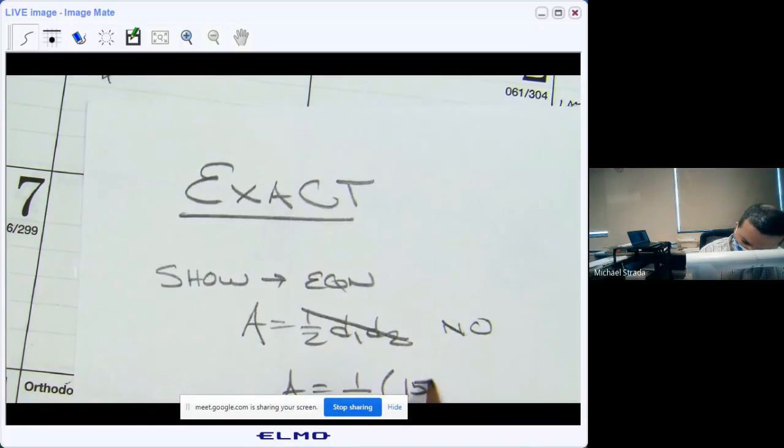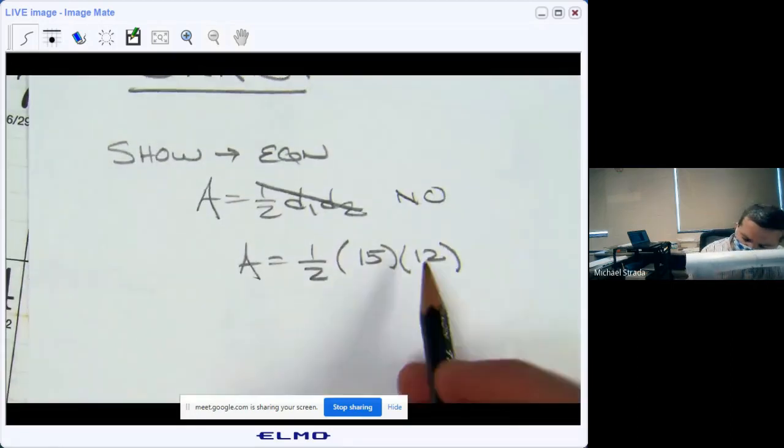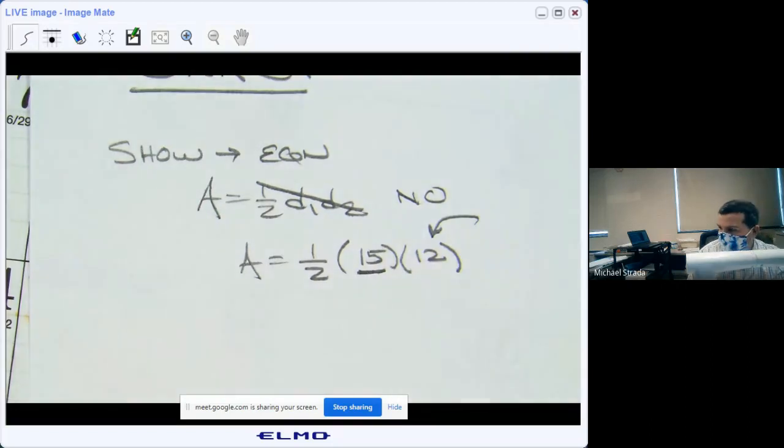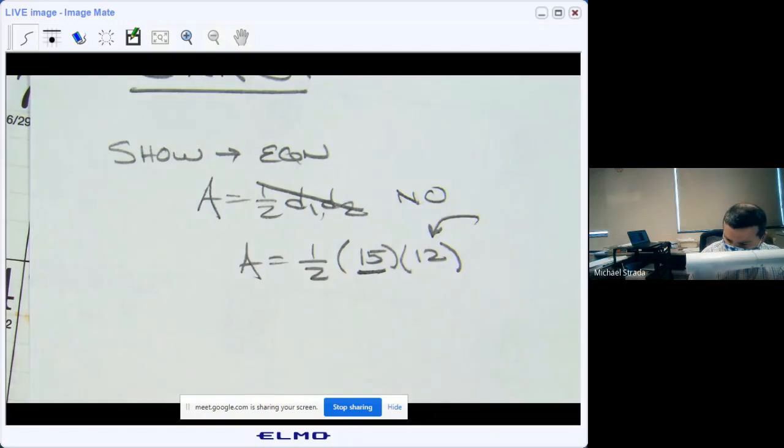I want the values you plugged in. The reason is that it's for your advantage, because if this is wrong but that's right, then I can give you partial credit for what that is. You got me? All right. So make sure that's what you're showing, not this. Okay, not that. Everybody good? Yes, sir.